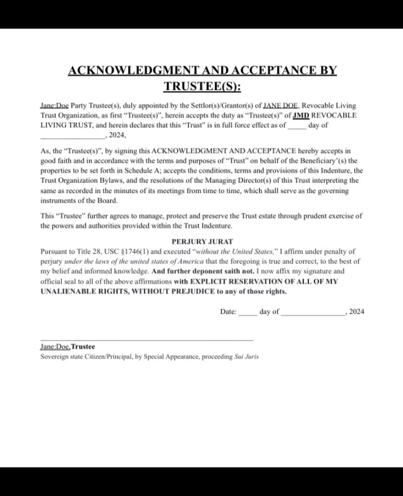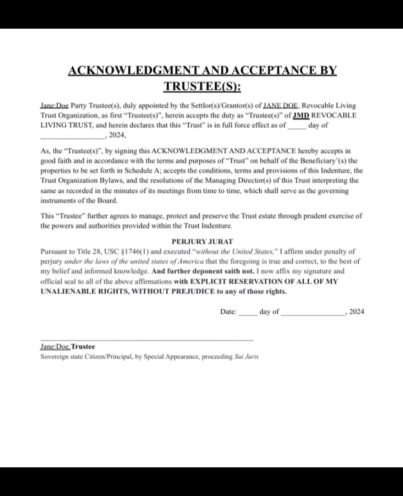Acknowledgement and acceptance by trustees. So the party trustee duly appointed by the settler grantor Jane Doe Revocable Living Trust Organization as first trustee herein accepts the duty as trustee.